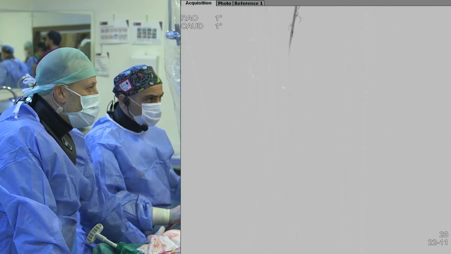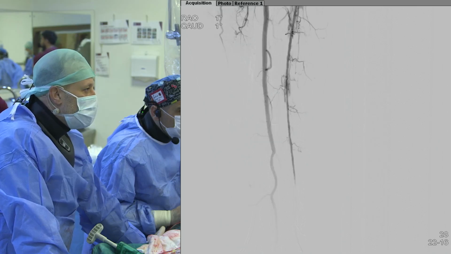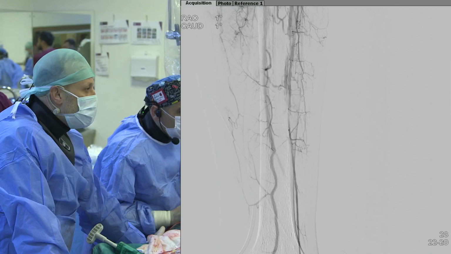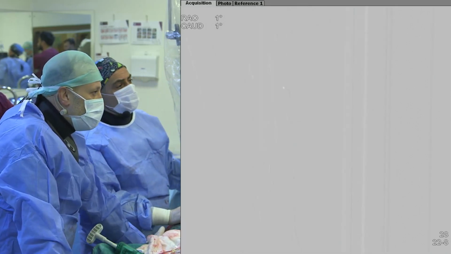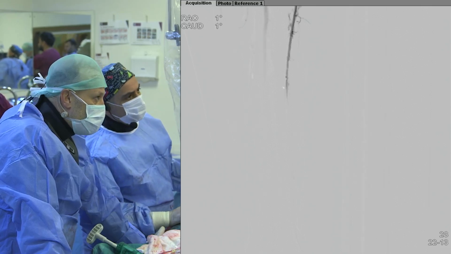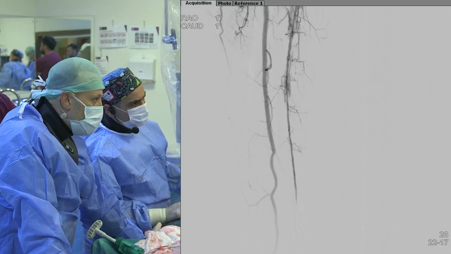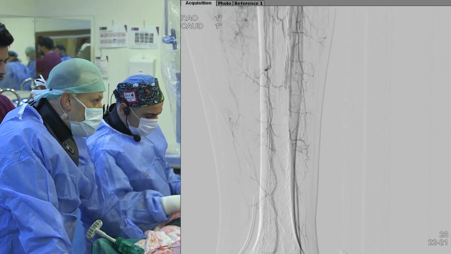Ersan, is there any connection between arteries? Yes. In the mid SFA and in the tibio-peroneal trunk, looks like there's some arteriovenous connection, but we didn't do any predilatation to tibio-peroneal trunk.